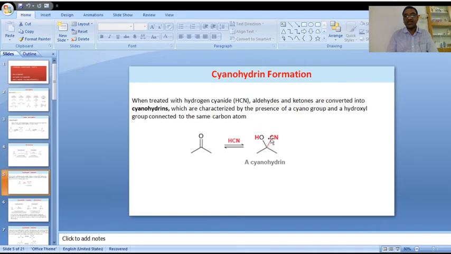The hydroxyl and cyano groups are both connected to the same carbon atom, the former carbonyl carbon. This compound is called a cyanohydrin, formed in this reaction from aldehydes or ketones.